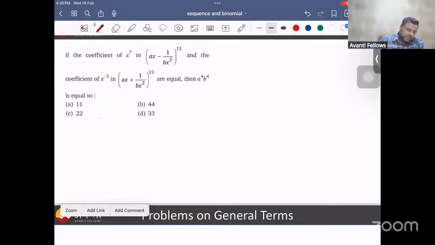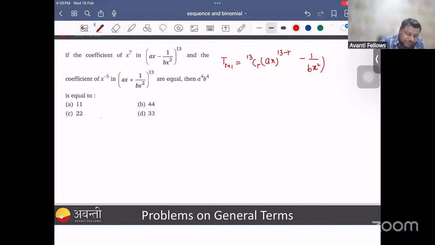Now, if the coefficient of x raised to the power 7 in this, so first of all, let's try to find the coefficient of x raised to the power 7. So writing the general term T(r+1), 13Cr (ax)^(13-r) into (-1 upon bx^2)^r.